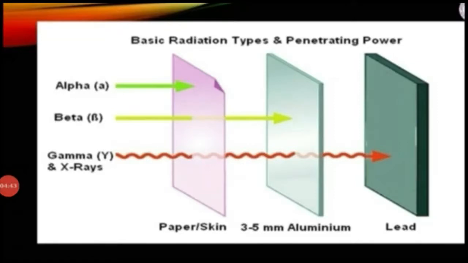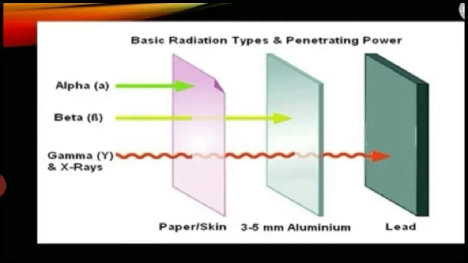Here you can see this picture. First one alpha rays, second one beta rays, third one gamma rays. Which has more penetrating power? You can see gamma rays have the most penetrating power and alpha rays have the least.